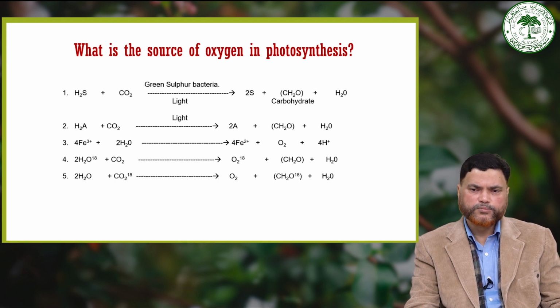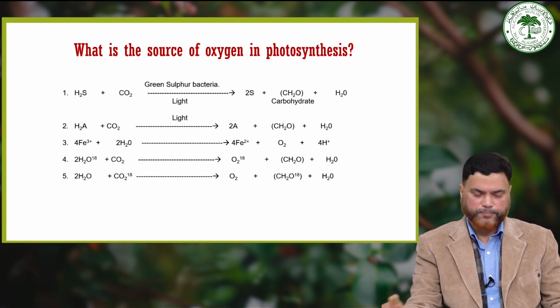But it was also observed that if normal water and labeled carbon dioxide were supplied, the oxygen evolved during photosynthesis did not contain the heavy isotope. Hence, this supports the idea that oxygen evolved during photosynthesis comes from water, not from carbon dioxide. You see this in reaction 5.